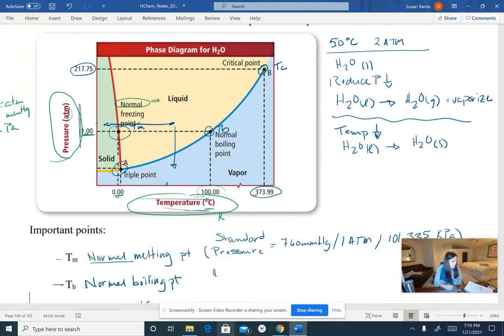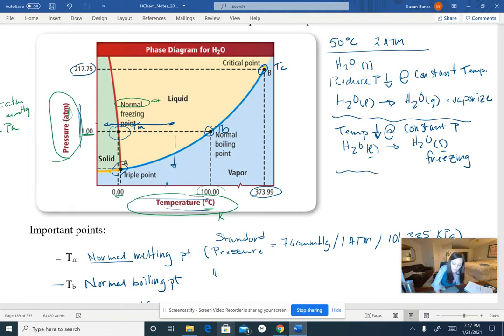And this is at constant pressure. So if I go from liquid to solid, I am freezing, right? That is what freezing is.